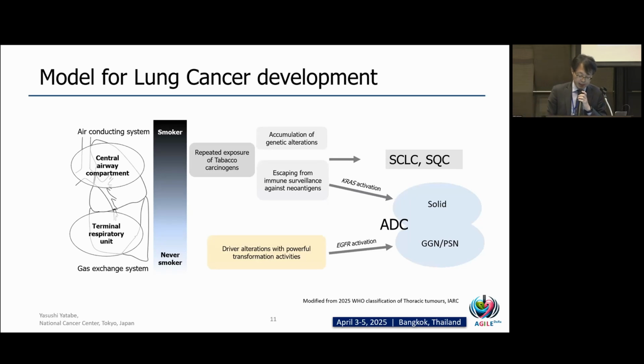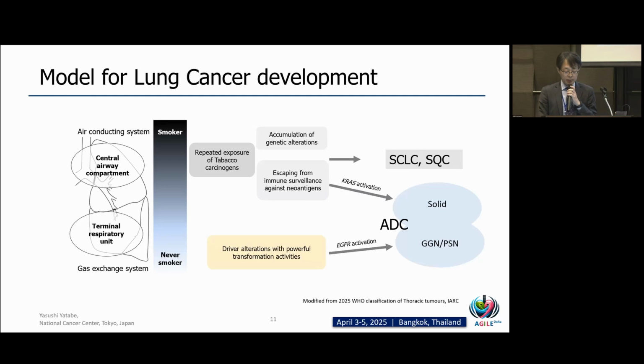In contrast, EGFR and ALK alterations are shown to develop in never smokers. Probably the driver alteration with powerful transforming activity directly causes the tumor.